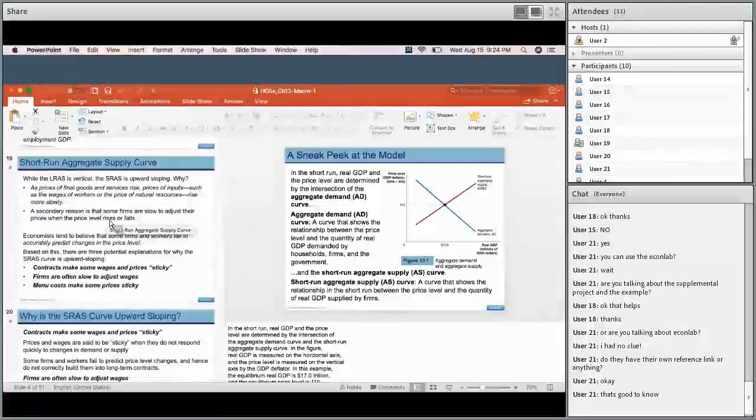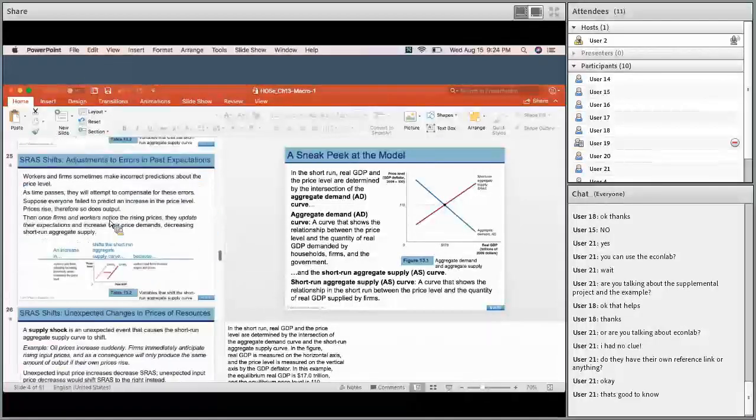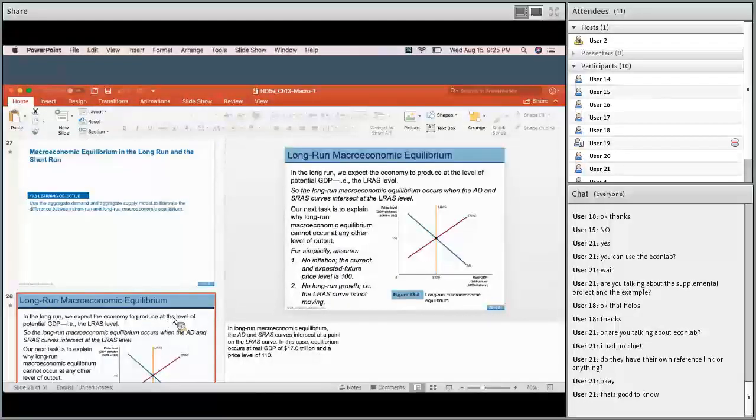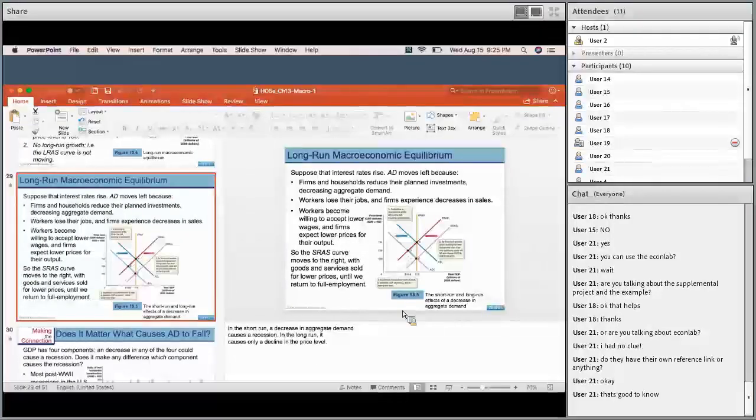So you can find the same PowerPoint for the fiscal policies and the monetary policies chapters, and it will show you how they affect aggregate demand and aggregate supply. Here's a long run macroeconomic equilibrium. But see, if you go on this graph, for example, it shows you exactly how the shifts occur for the short run aggregate supply, and how aggregate demand may change when, for example, firms and households reduce their planned investment, decreasing aggregate demand, and workers lose their jobs.